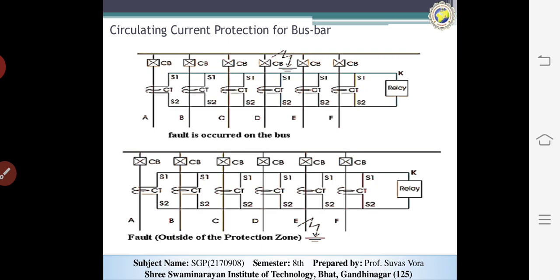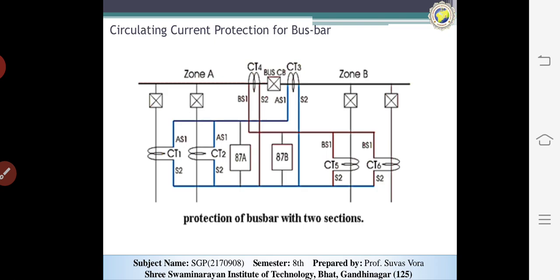So we can use only two CTs and give two different zones, zone A and zone B. When any one zone is faulted, the other zones are not affected. So we can apply the circulating current protection for the bus bar system, because only the faulty zone will be removed, not affecting the whole system.